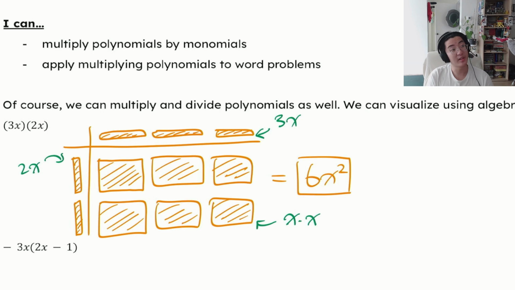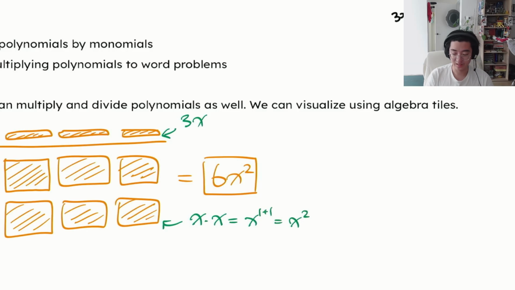Remember with our exponent laws, this is x to the power 1 times x to the power 1, add the exponents up to get x squared. And you can see we got 6 of them. Alternatively, we can also combine like terms.